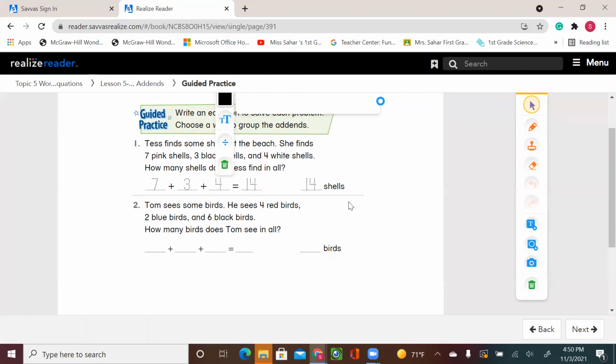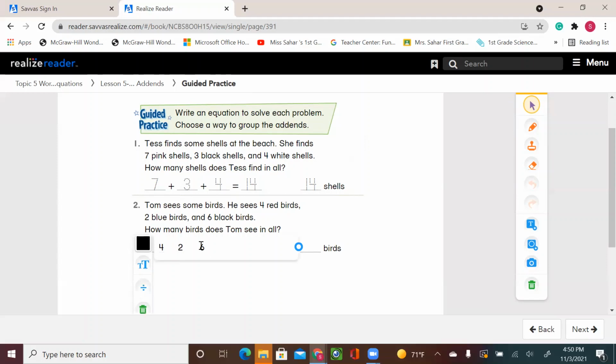So we're going to say 4 plus 2 plus 6. All right, so 4 plus 2 plus 6. These are my 3 addends. So it's up to me.